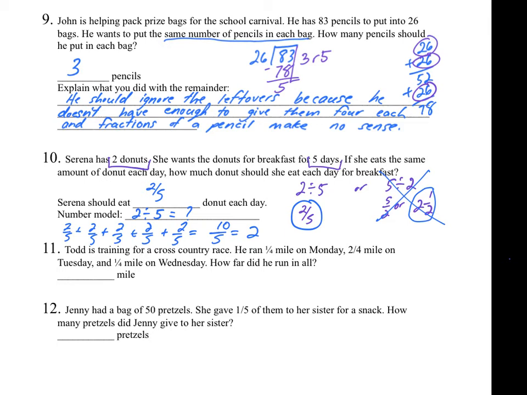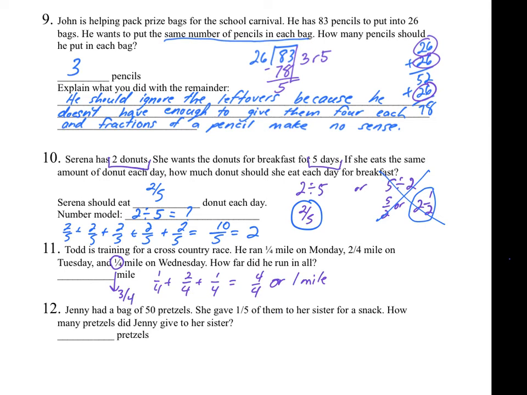Next one, Todd is training for a cross-country race. He ran 1/4 of a mile on Monday, 2/4 of a mile on Tuesday, and 1/4 of a mile on Wednesday. How far did he run in all? If we add 1/4 plus 2/4 plus 1/4, we get 4/4, or 1 mile. Now, I think on our copy that we're using, we might actually have this 1/4 be a 3/4.